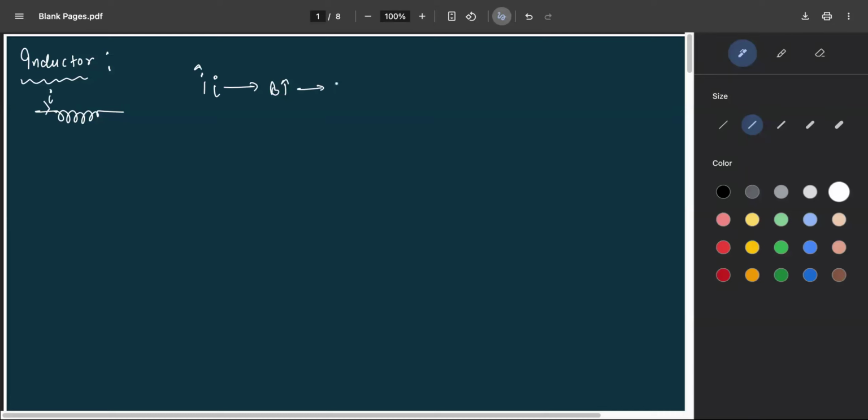A changing magnetic field creates a flux change. Because flux is changing inside a loop, there will be some self-induced EMF. This induced EMF is generated in the opposite direction. We did this discussion in the last class itself.